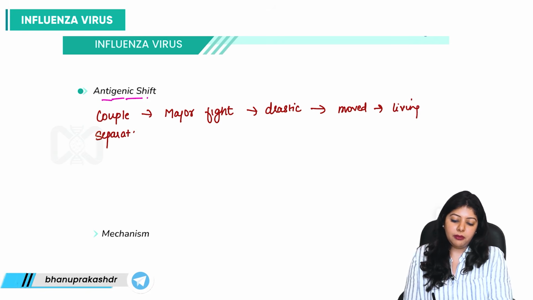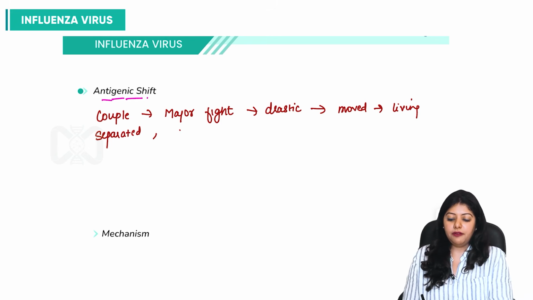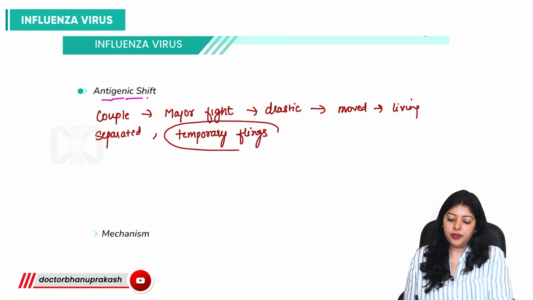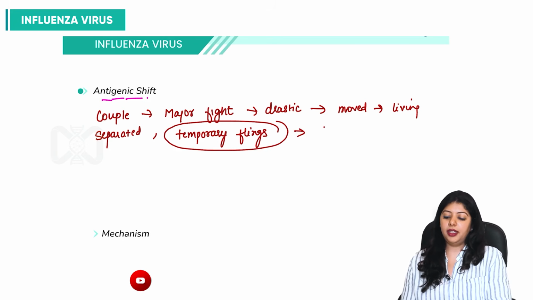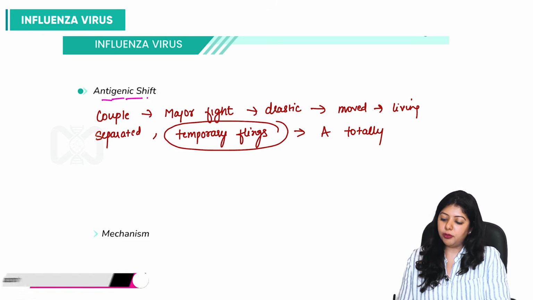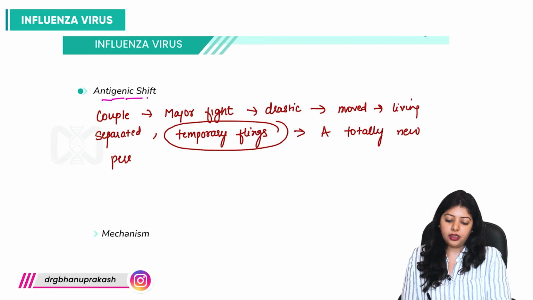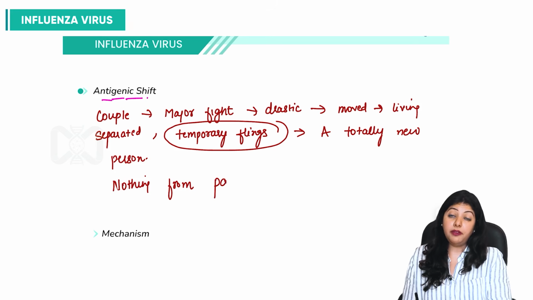While being separated, they started going for some temporary flings, and they kept analyzing their flings. After analysis, they figured out that they have become a totally new person. They have a very new, different life. And now nothing from the past affects them.